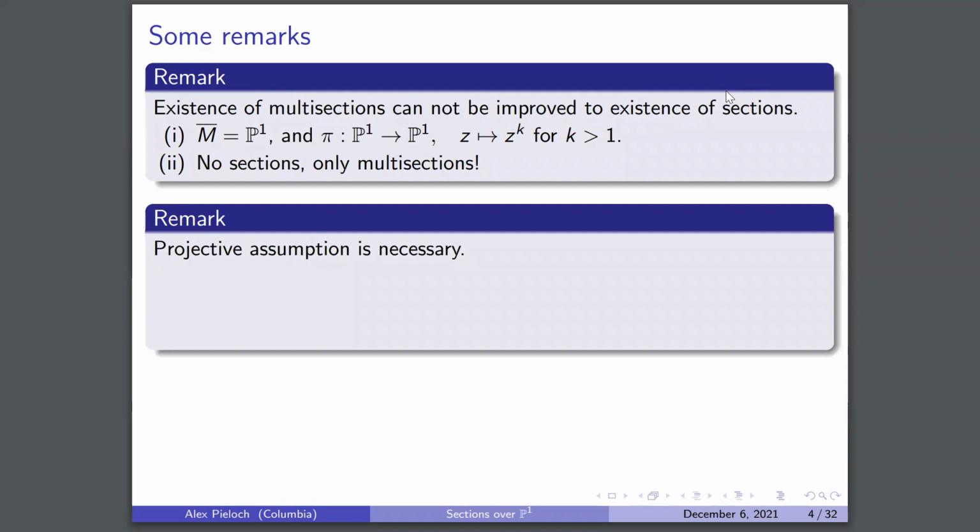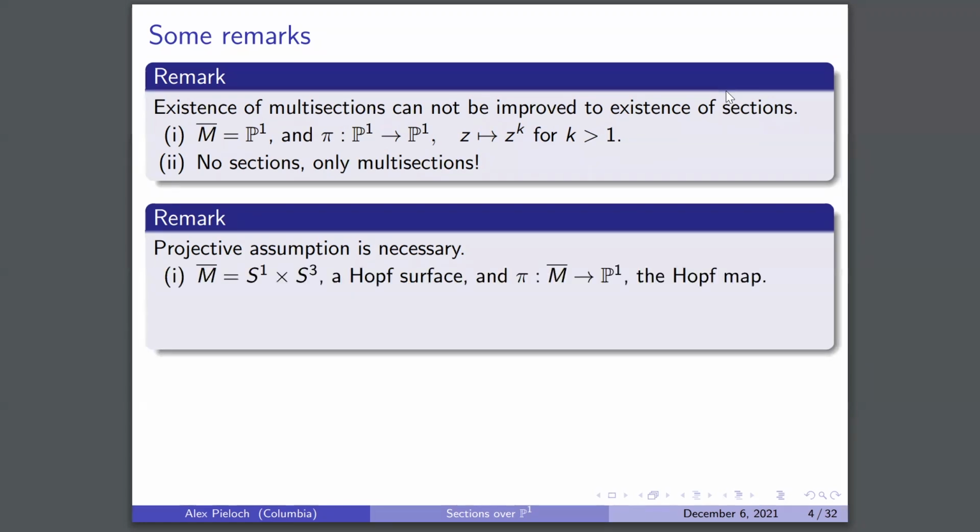The second remark is that the projectivity assumption of these families is actually necessary to get these unirulings and sections as well. The counterexample is the Hopf surface. Diffeomorphically, this is just S1 times S3. We get a holomorphic map from the Hopf surface to P1 that's given by projecting out the S1 factor and then applying the usual Hopf map on the copy of S3.